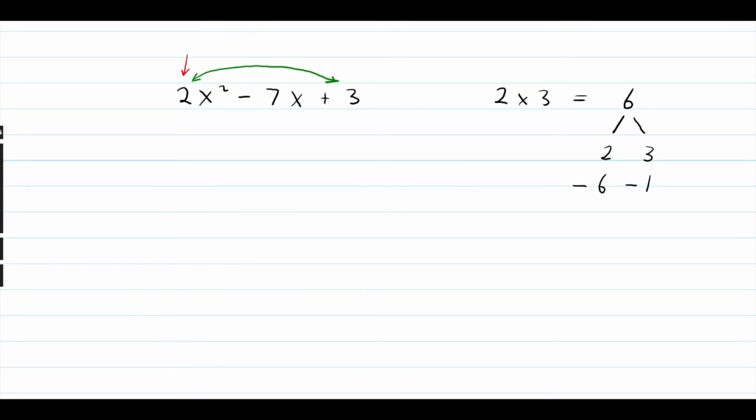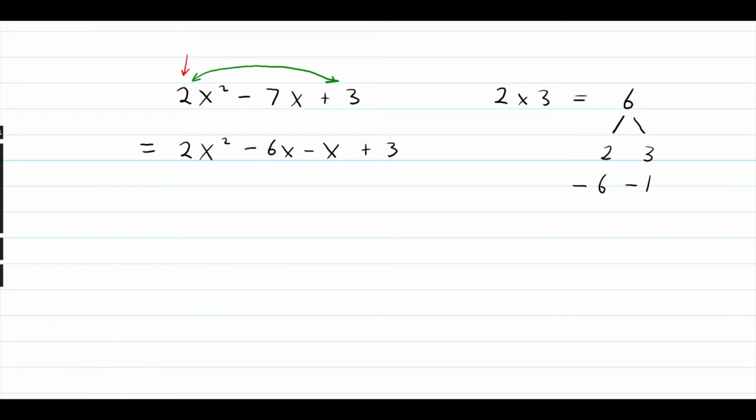are going to give you minus 7x. Step 2 then is to come down to your next line. You're going to rewrite your first term like so. And what you're going to do is you're going to break this minus 7x into 2 parts. So we're going to break it up so that it's minus 6x minus x. So that's minus 1x, and then plus 3.